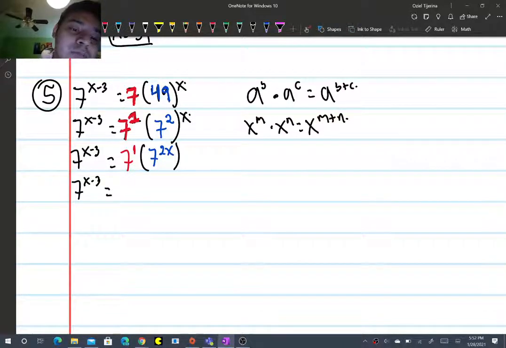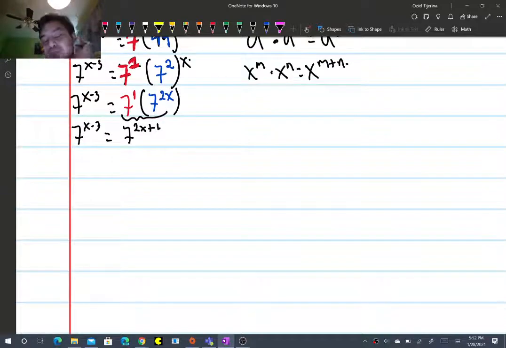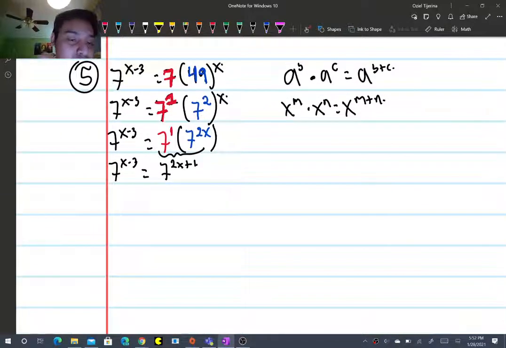Here, we have a 7. It's the same base, so this is going to be 7 to the 2x plus 1. Now we have the same base, so we make the exponents equal to each other.